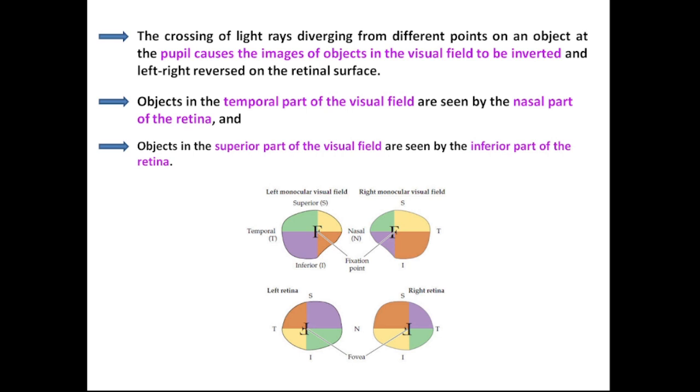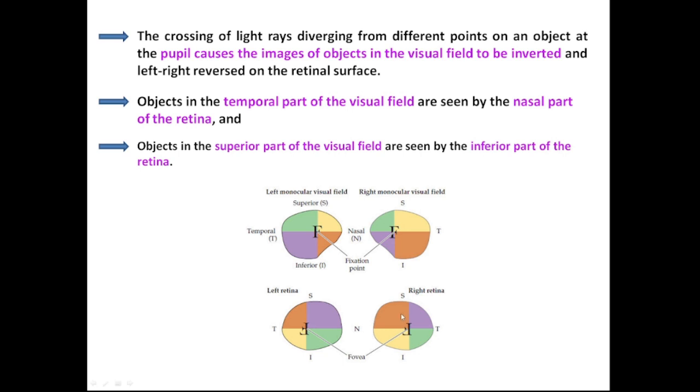The object in the temporal part of the visual field is seen by the nasal part of the retina.